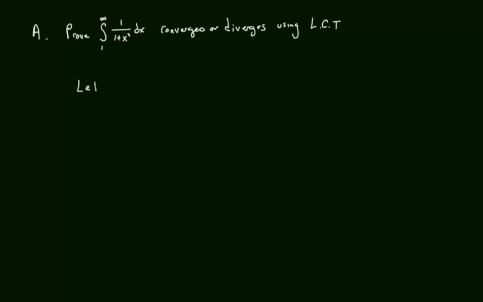So first thing, let's let f of x be the integrand 1 over 1 plus x squared, and g of x, like in the direct comparison test, some function that we know whose integral converges or diverges through one of our memorized methods. In this case, I think it's pretty clear that it's going to be 1 over x squared.